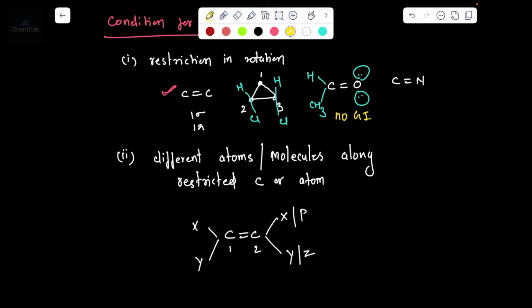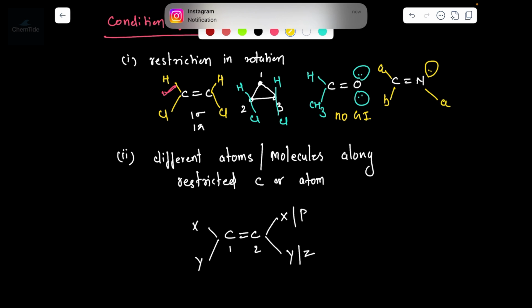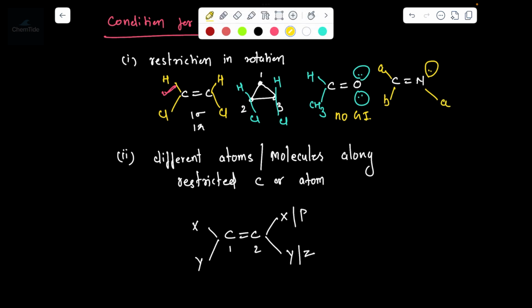Remember that different substituents are very much necessary. So if it is connected to hydrogen and chlorine on each carbon, then you can say geometrical isomerism is there, otherwise no. Similarly here I can make A and B, and nitrogen has a lone pair. Here could be A or B or maybe C, anything, but it should be different. If it is the same, GI is not possible.